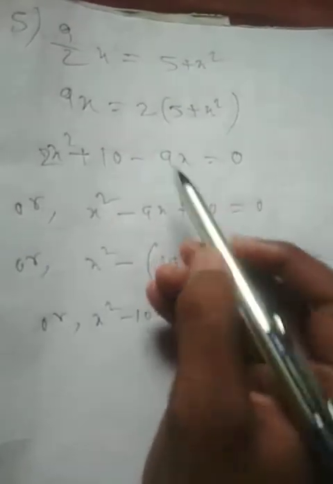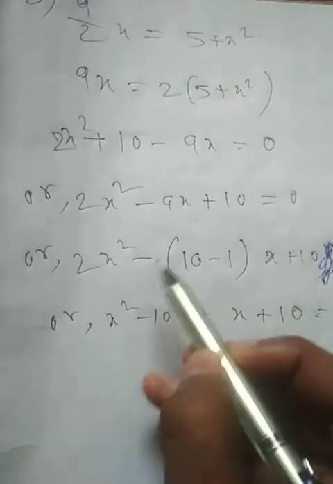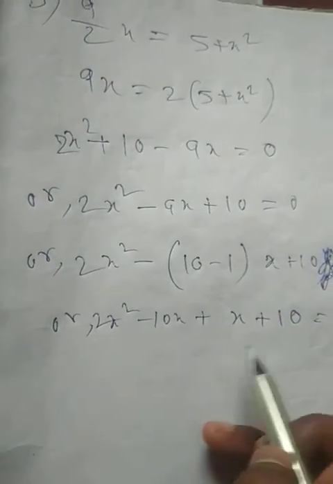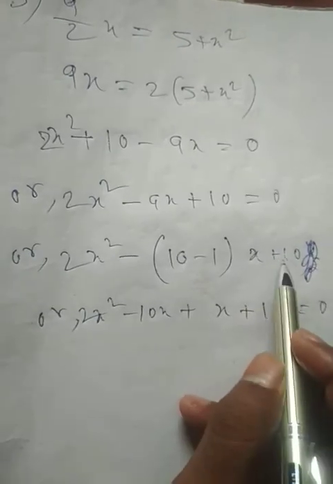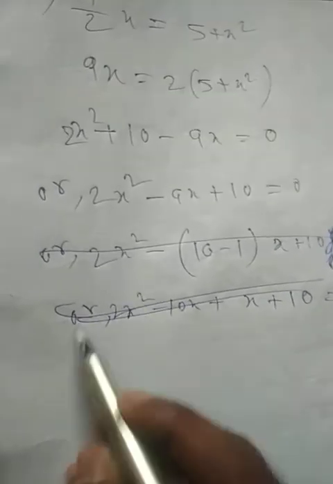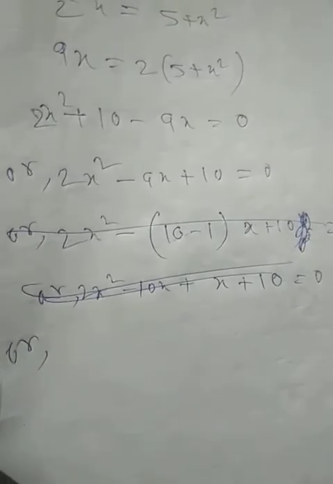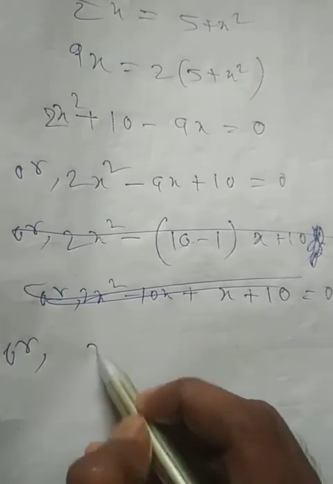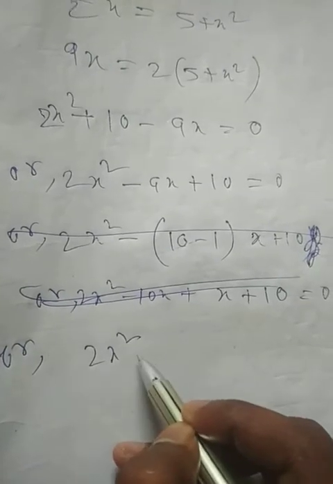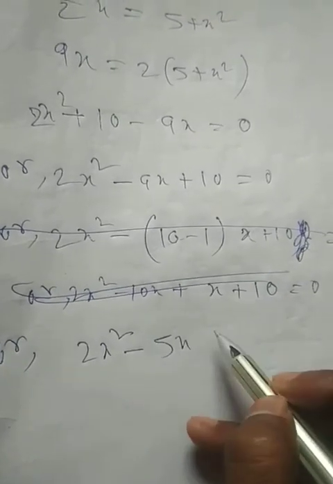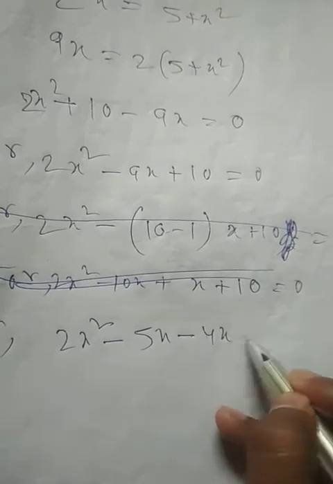That is 2x square. There will be 2x square. So you have to break the number 20 to make 9. That means 5 4s are 20.